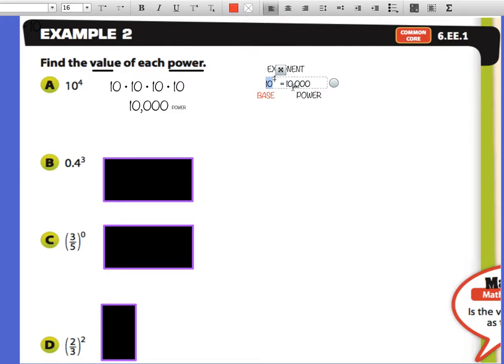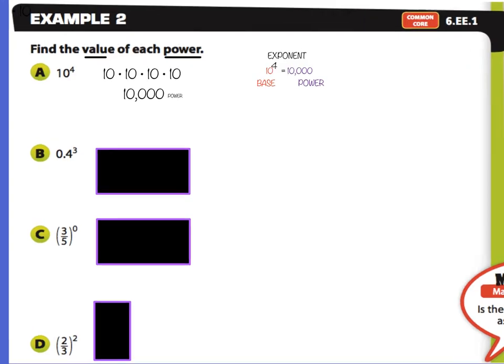That's the factor. The power or the solution is, okay, so the power is the answer, or what you get after you solve it, and the exponent is how many times you're multiplying.